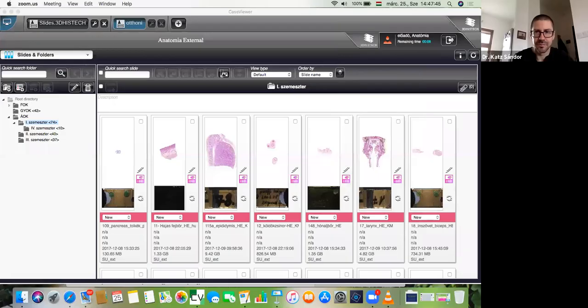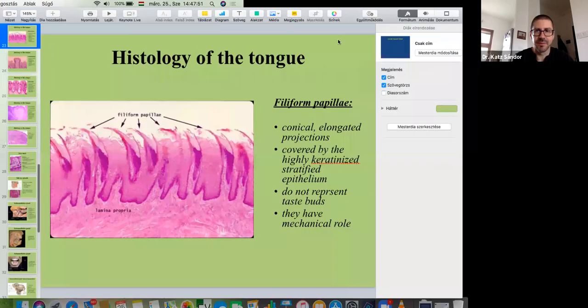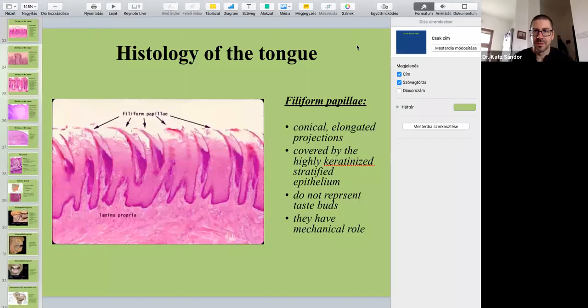Let's see our next slide. The tongue. So first, related to this topic, here we have the tongue.